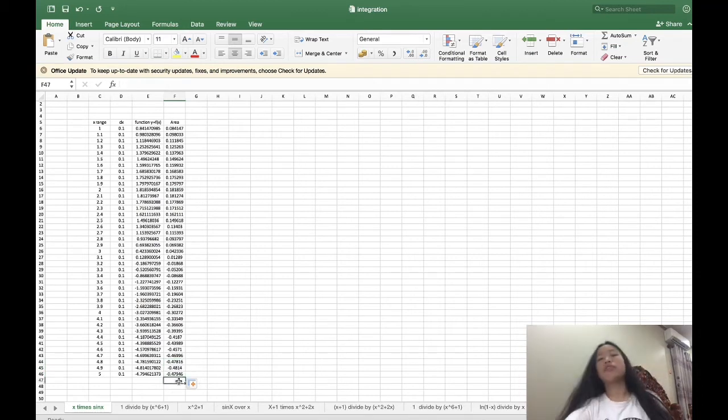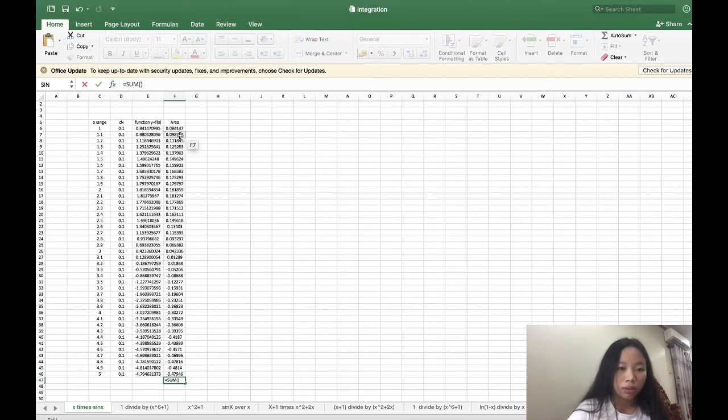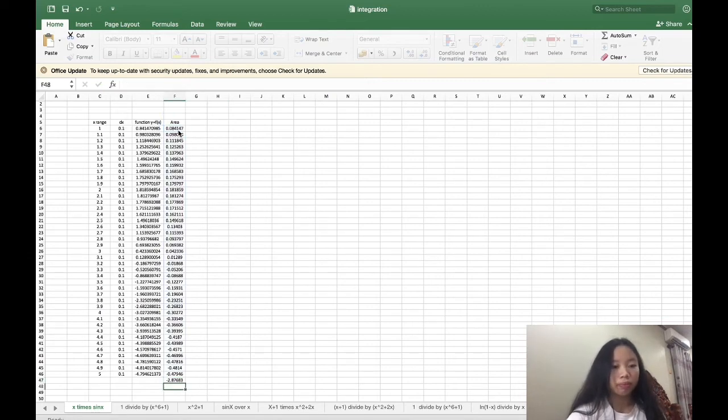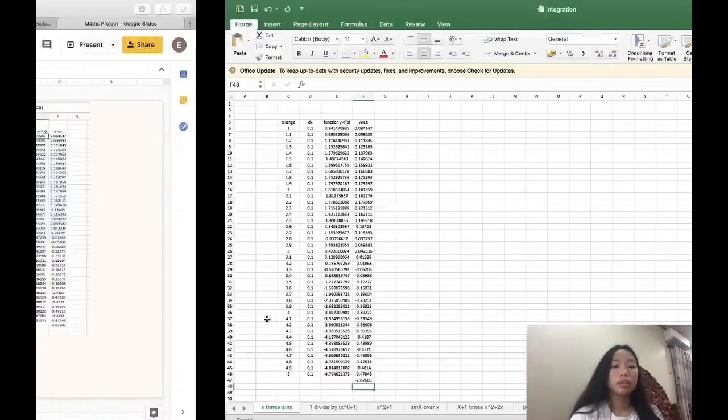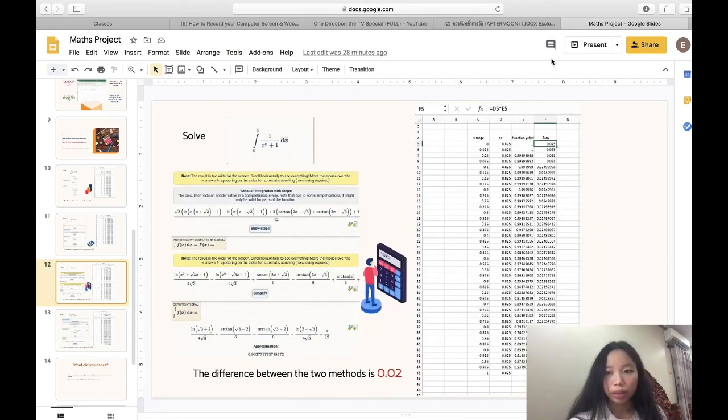Then the final answer is the sum of all the areas, so equals sum, starting from F6 till F46. The answer is minus 2.87. Minus 2.87, and the actual answer is minus 2.67, so 0.2 difference. Let's move to the next example.